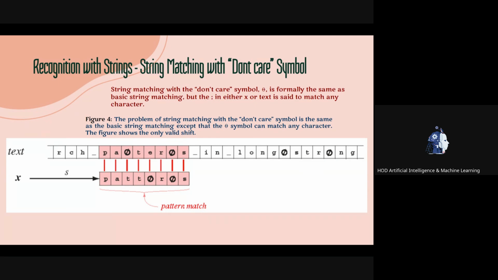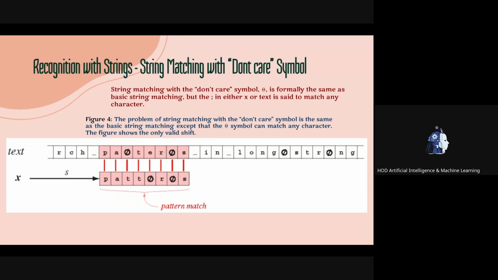So when you find a don't care symbol, you can consider it as a matched character. That is what the algorithm says. No need to worry about it.